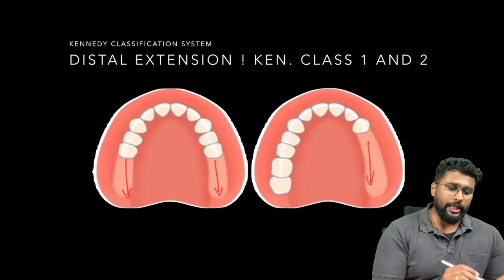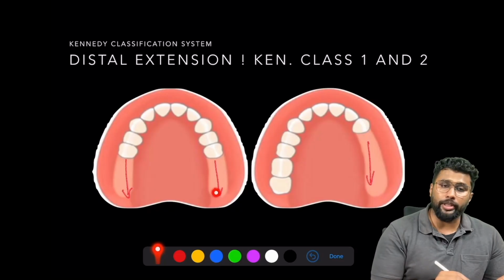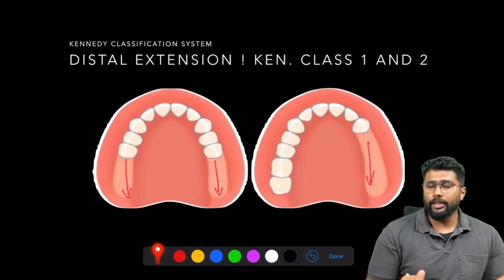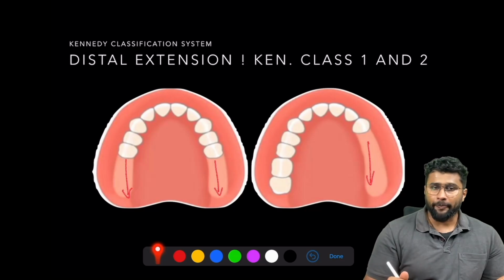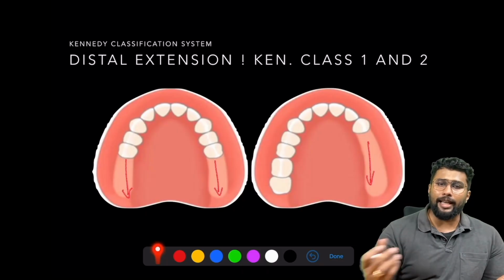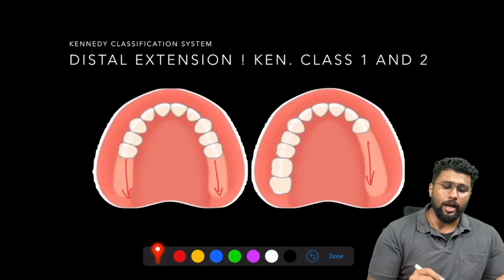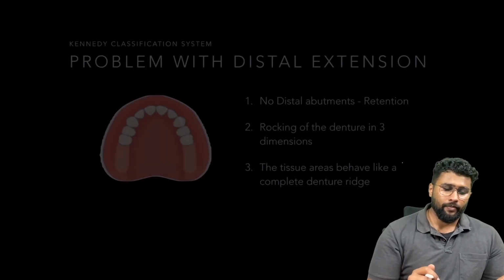If you notice in Kennedy's class 1 and class 2 situations, there are no posterior teeth on the distal side of the arches. So these are also known as saddle areas or distal extension cases, right? And these two particular classes, class 1 and class 2, come under that category.